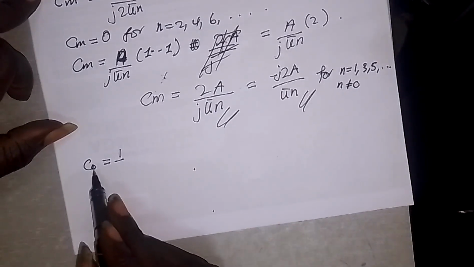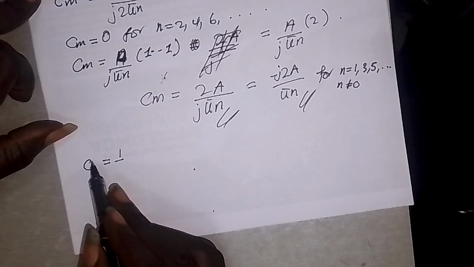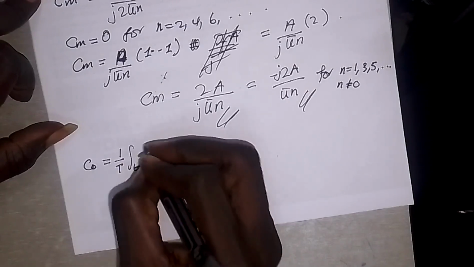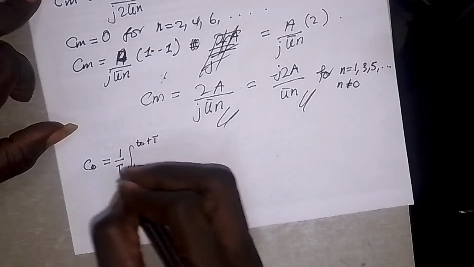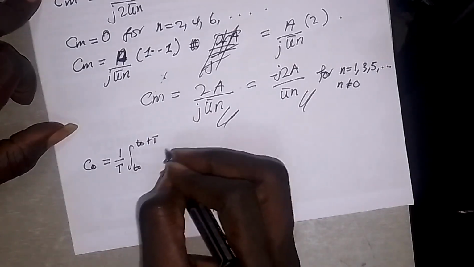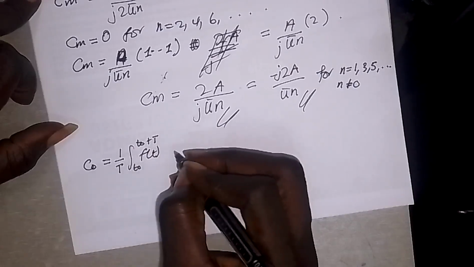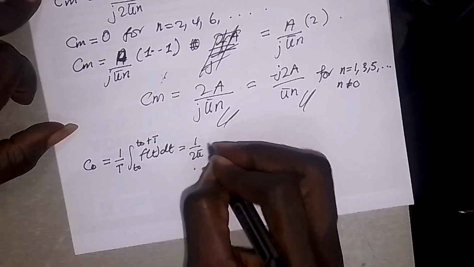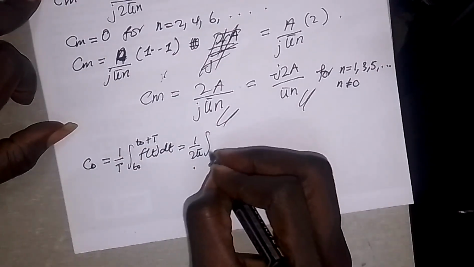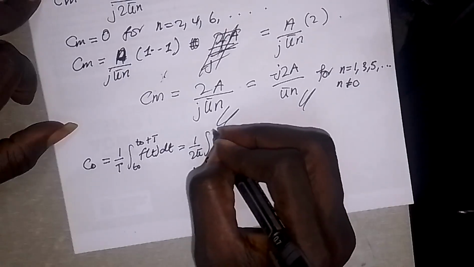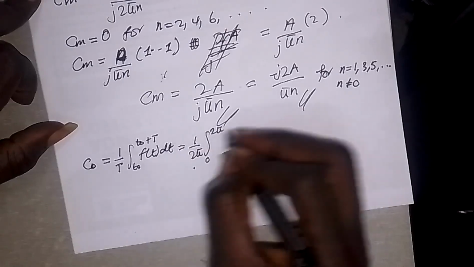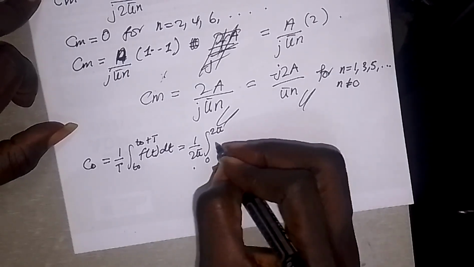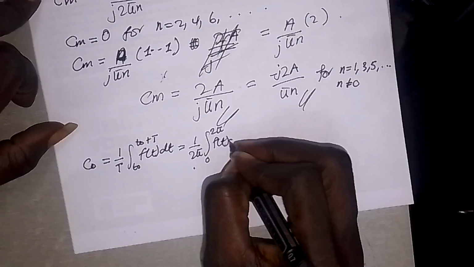So specifically, let me find for the 0, that is called the C naught. The C naught is 1 over T integral from T naught to T naught plus T of f of t dt.